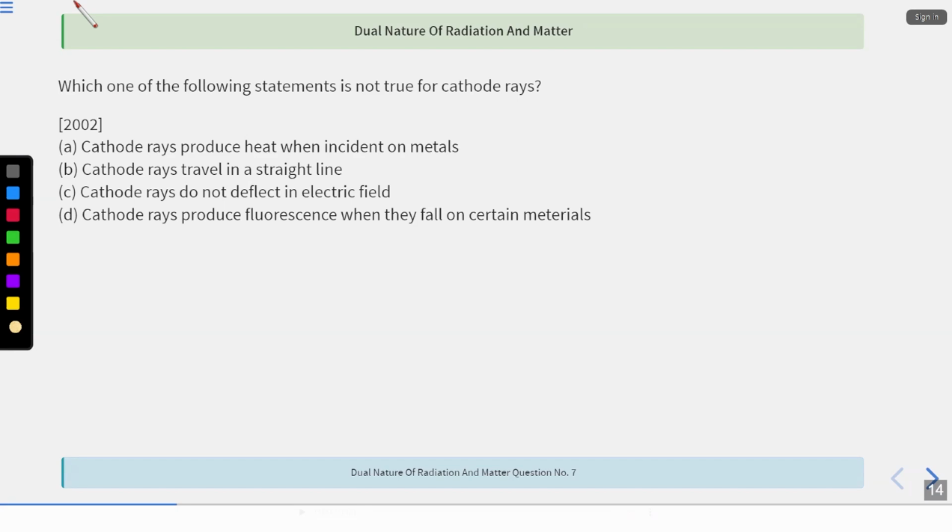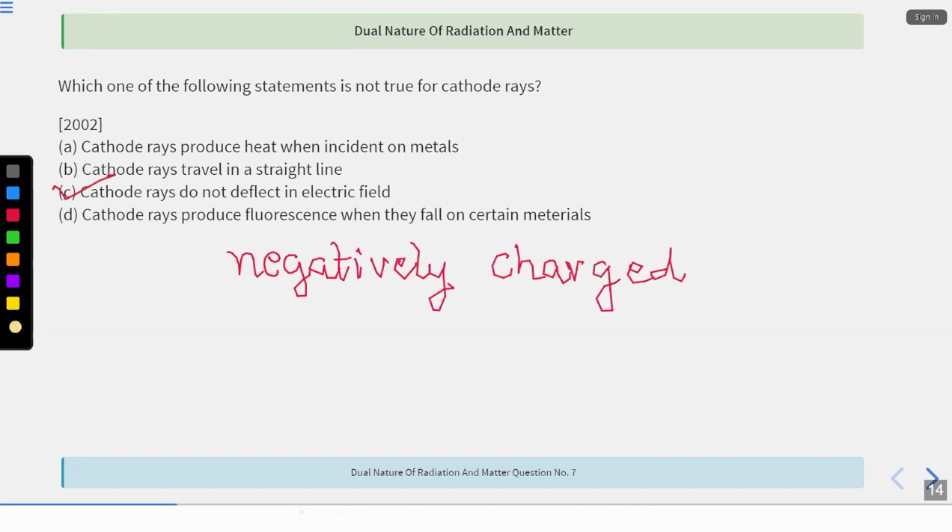And the correct option is C. We know that cathode rays are what? Negatively charged rays, right? We know that.